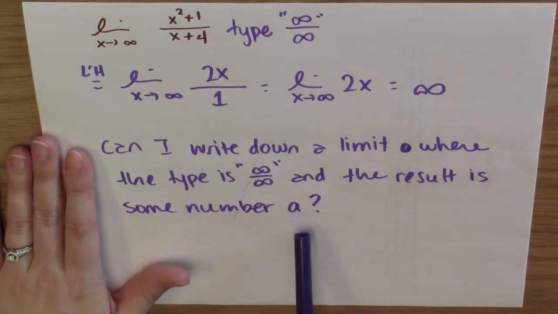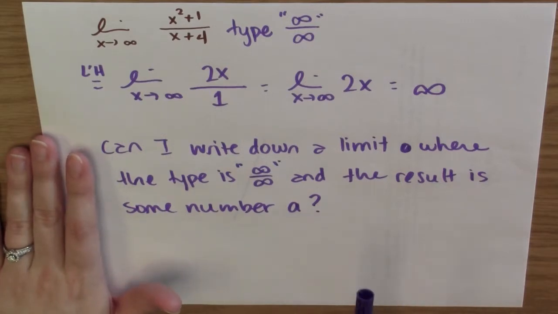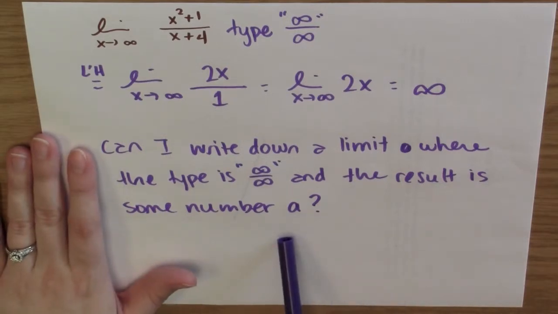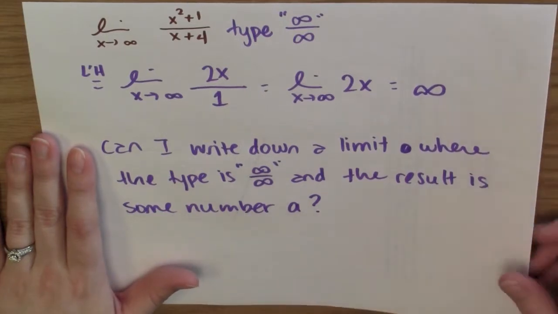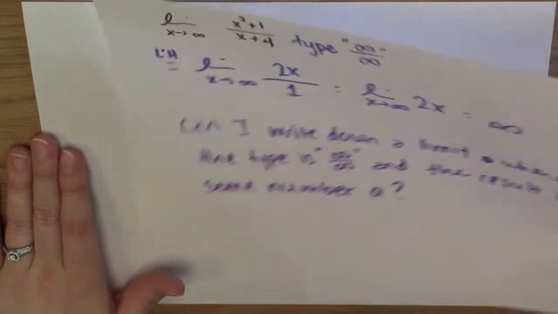So any number a. I could pick a to be 5, I could pick a to be 10, I could pick a to be negative 756. Can I write down a limit where this is true? And the answer is yes.